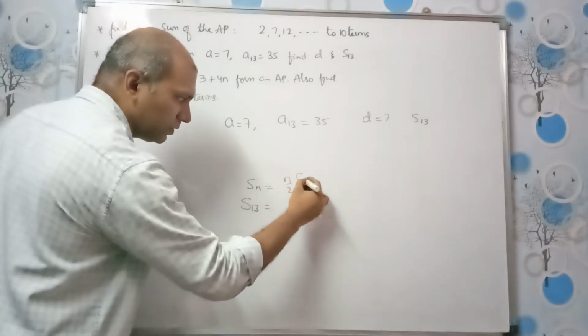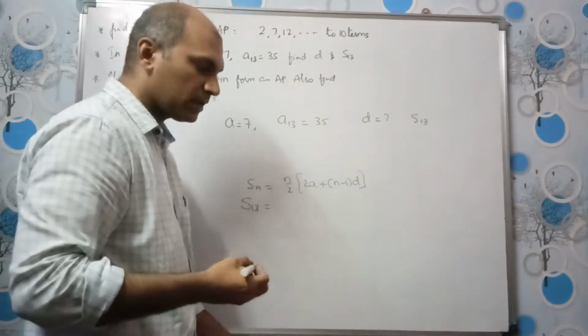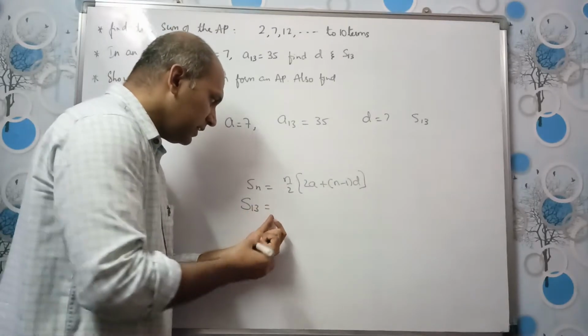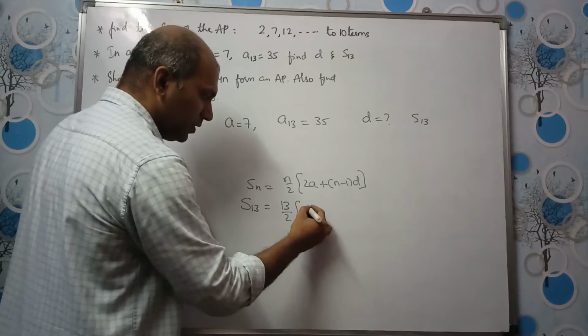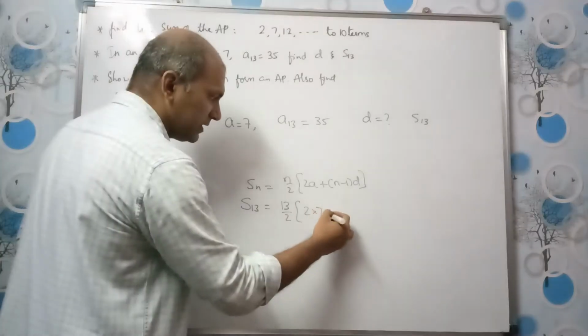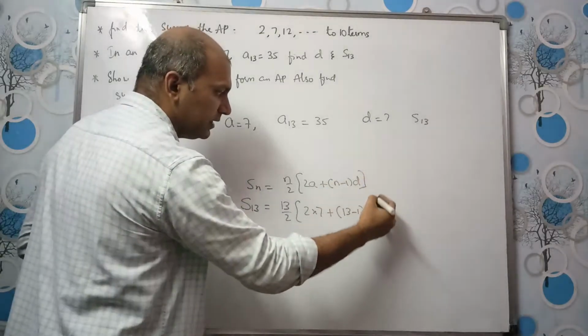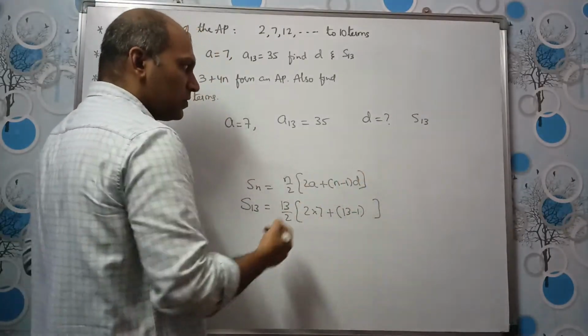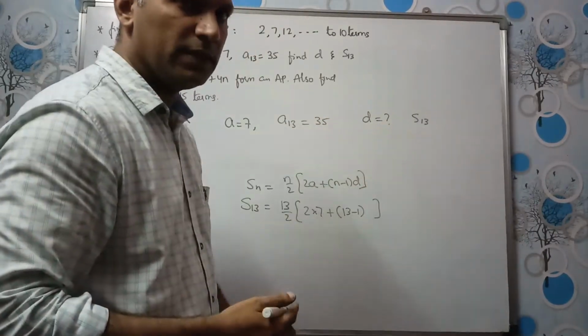Sn is n by 2 into 2A plus n minus 1 multiplied by D. To find S13, N is equal to 13 here. So 13 by 2, 2 into A is 7, and N is 13, so 13 minus 1 into D. D is not known to us. So we need to find the value of D first and then substitute here to get S13.